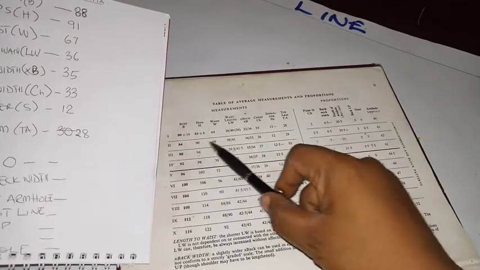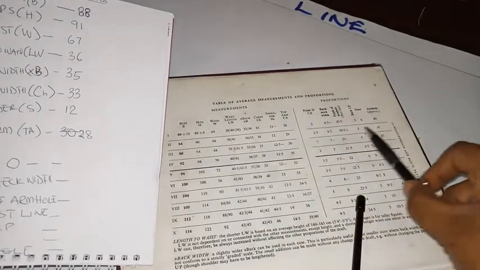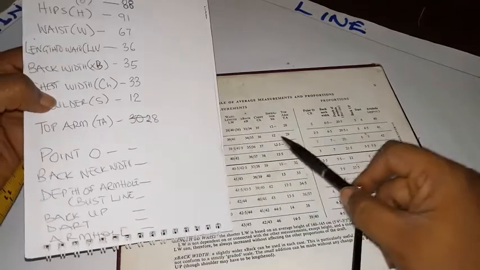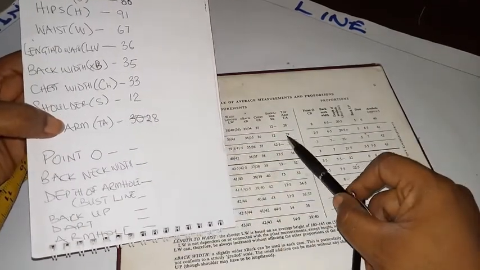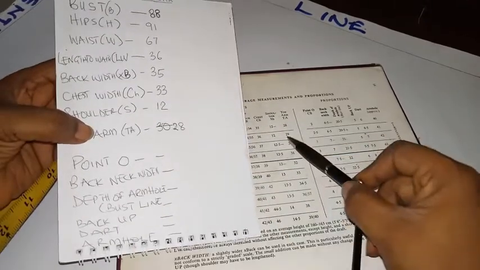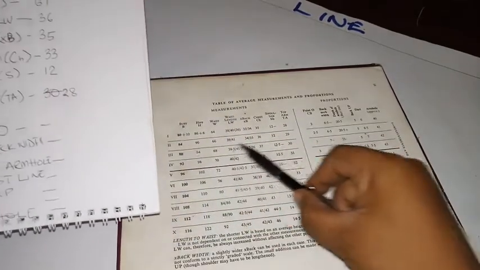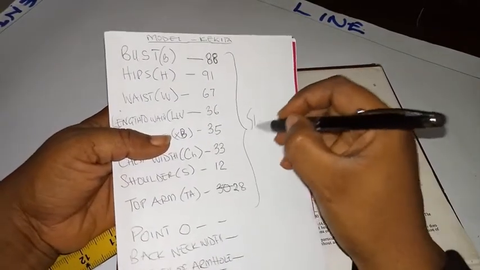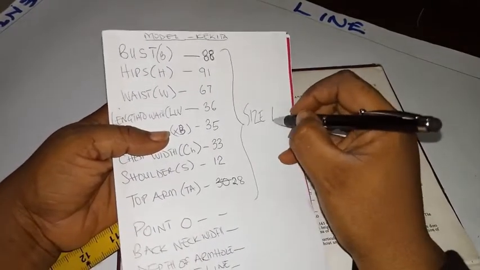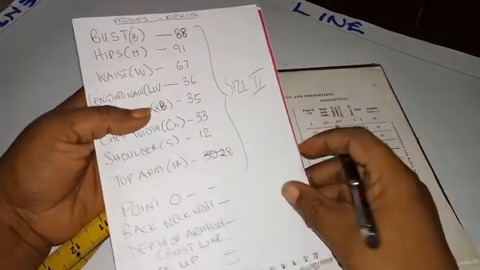And for us, this is the best we can go with. The shoulder is okay, 12. The top arm is 28 here, this is 29. So we can go with size 2, because that is the best fit.